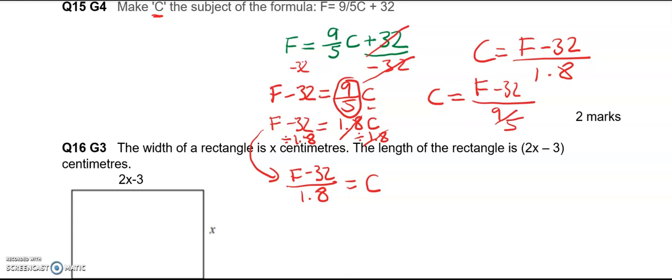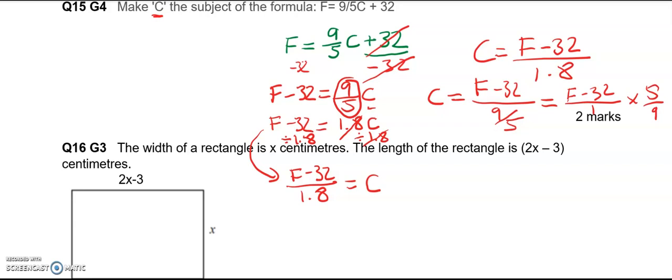So we know that when we divide fractions, we have to flip the second fraction. So this would be f minus 32 over 1 times 5/9.